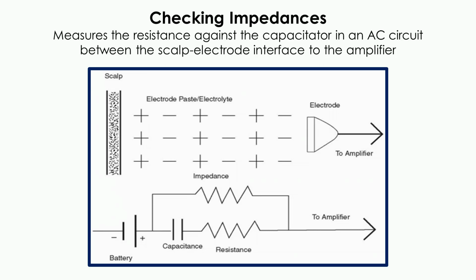The second diagram at the bottom is a simple depiction of how the impedance is measured, with the current flow, which is the capacitance, being the material holding the electrical charge to flow against the resistance. This is measured by a small alternating current that checks how much opposition is going against the flow of the EEG. This is also why we do not check impedances with intracranial or needle electrodes.